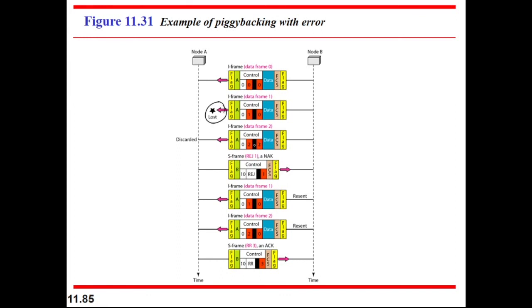In that case, what will happen? The receiver wants the frame. Actually, data frame 1 is lost. So if data frame 2 is passing here, it should be discarded, and node B sends the NAK to node A. So this is the rejection field.